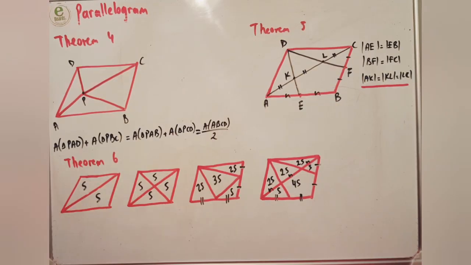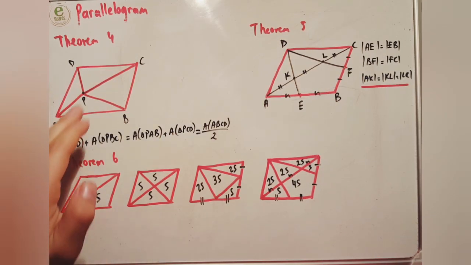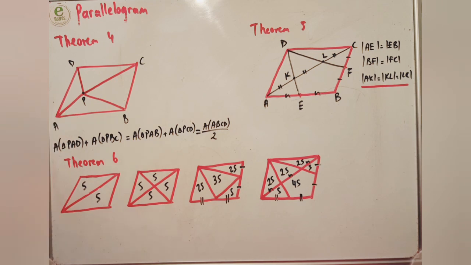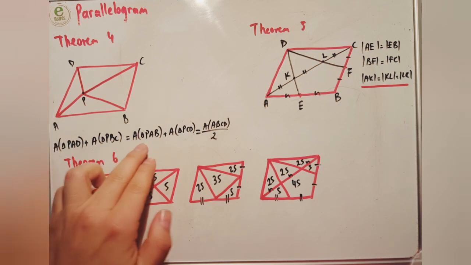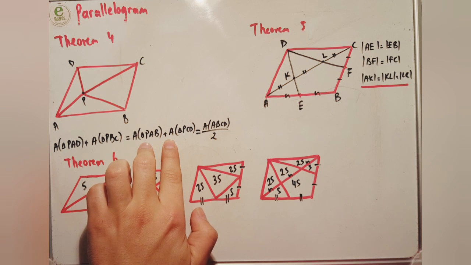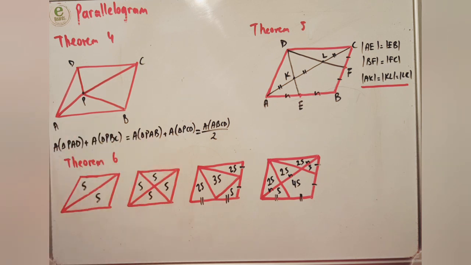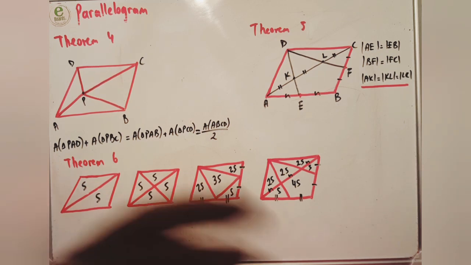Here we have the last three theorems, such as the area of PAD plus the area of PBC is equal to the area of PAB plus the area of triangle PCD, which is equal to half of the whole area. I mean that the area of ABCD over 2. For theorem 5 we have some cases.